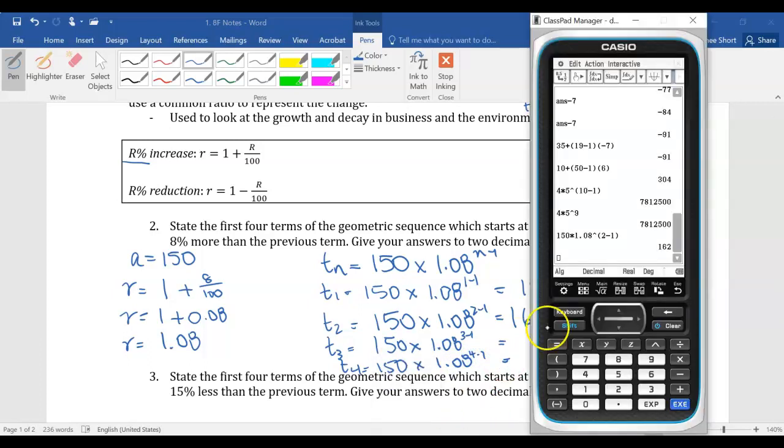I'll change the power here to 3 and I get 174.96.